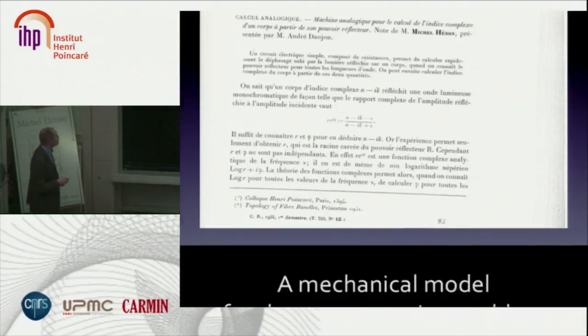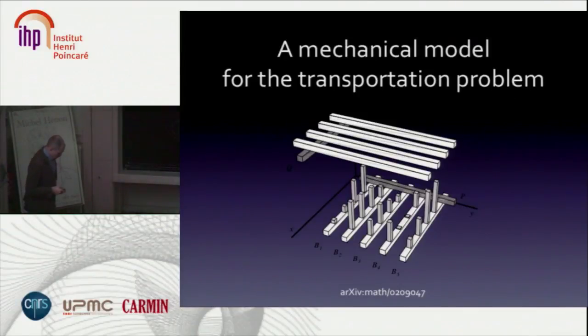But the model, the mechanical analog computer which I'm going to explain here, was never actually built as a physical device. It was rather mental, and it provides an interesting way of intuitively thinking about a certain mathematical problem, which I'm going to explain.